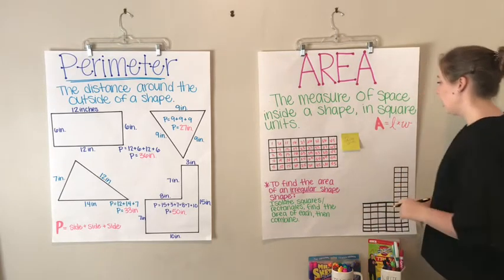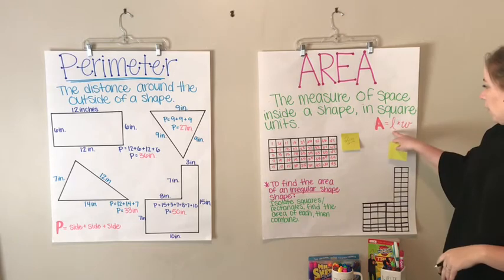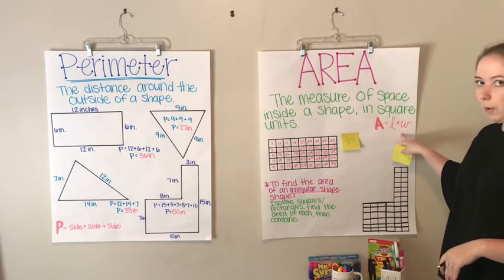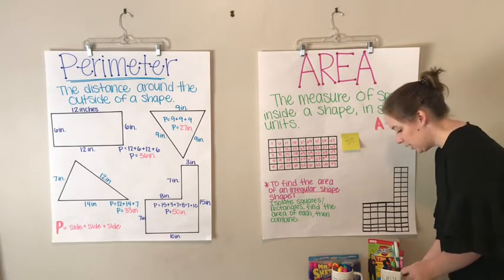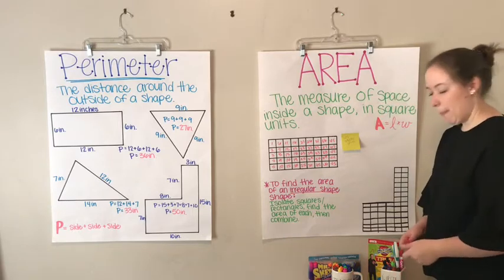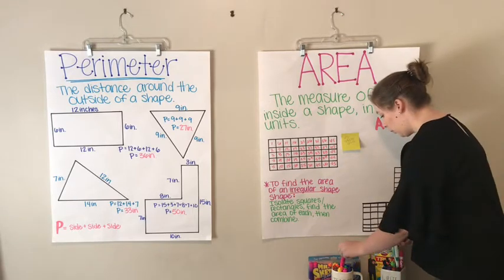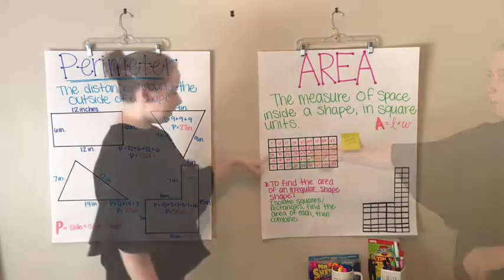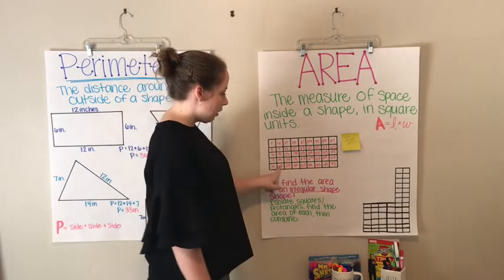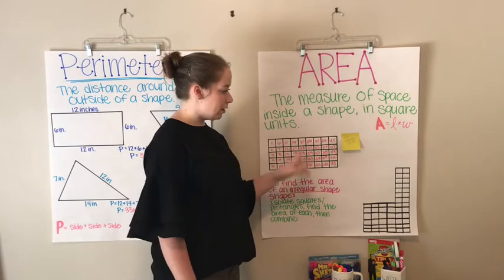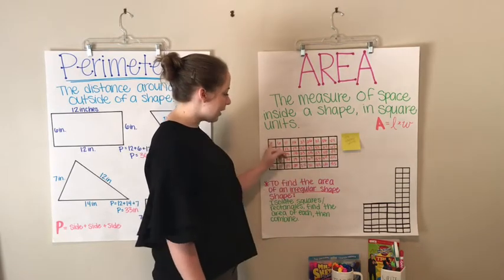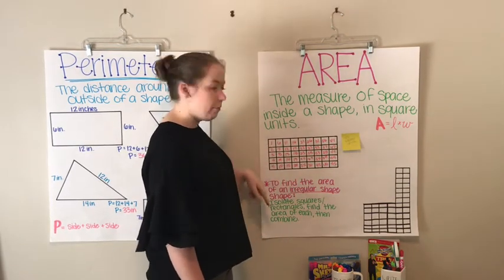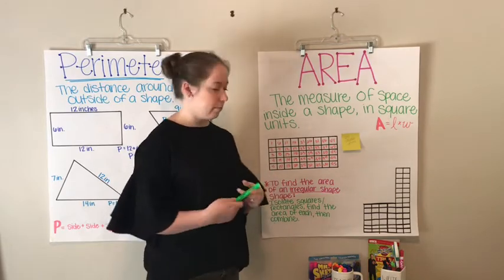All right, and then to check our answer, we're gonna do our length times our width. Do you remember how to do that? Yeah, exactly. It's just like how we were doing our perimeter. But here we have boxes. So now we need to count the boxes on the outside on this one side, on this one side to find out our length and our width.